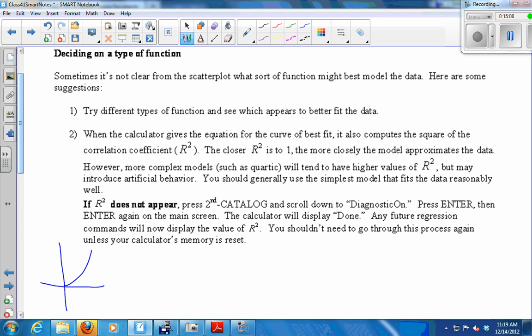So narrow down the kind of function you're going to choose based on the shape of the graph. And then you might have to try a couple and see which one gives you the best r squared value. The r squared closest to 1 is going to be the best model. But sometimes it's better to choose a simple model that has a slightly lower r squared value, because we like simple. Generally use the simplest model that fits reasonably well.